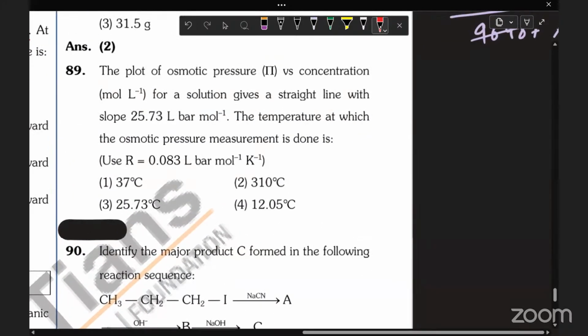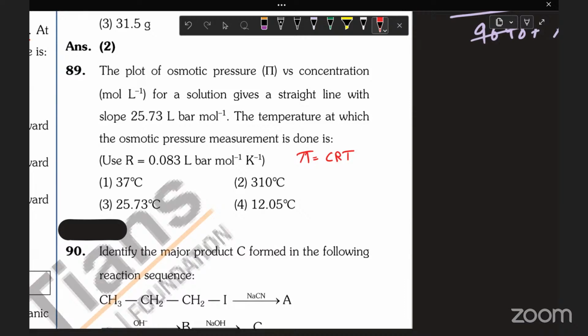The plot of osmotic pressure versus concentration for a solution gives a straight line with this slope in liter bar per mole. The temperature at which the osmotic pressure measurement is done is. The question is from solutions, so pi is equal to CRT, the colligative properties, right?